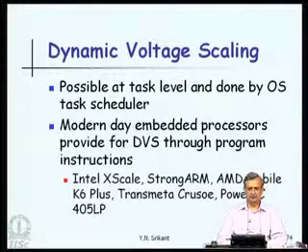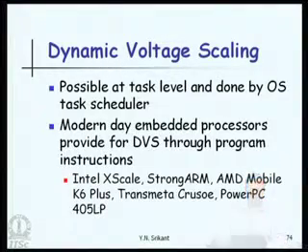For example, Intel Xscale, StrongArm, AMD Mobile K6 Plus, Transmeta Crusoe, PowerPC 405 LP. These are some of the processors which have instructions to change voltage. So, when the program is running, it is possible to change the voltage of the CPU. Of course, it is also possible for the operating system to execute these instructions and change the voltage of the CPU.